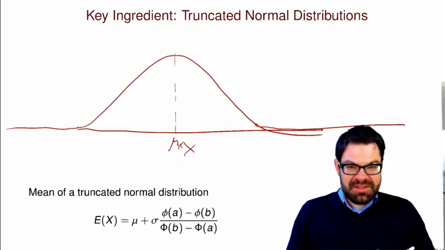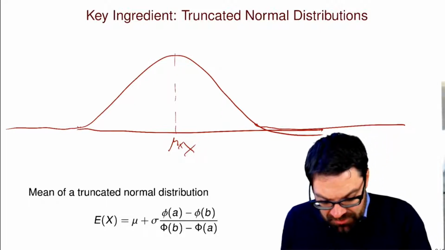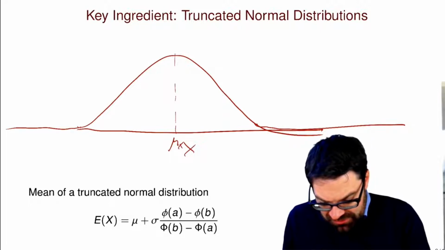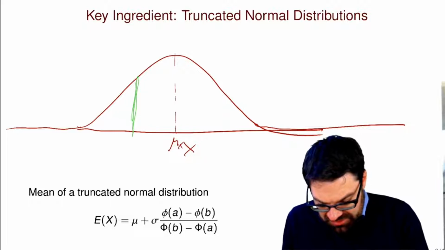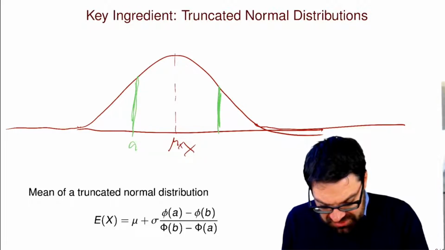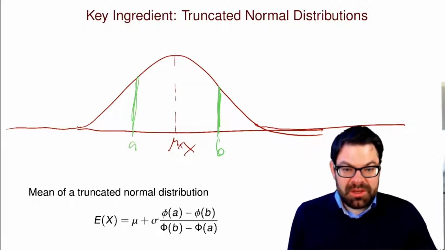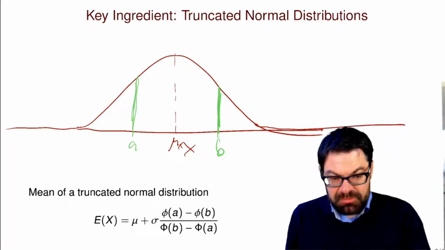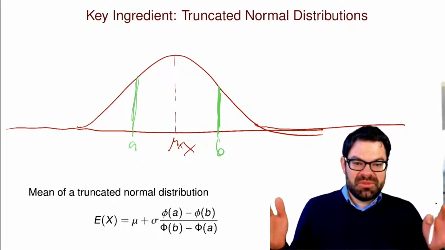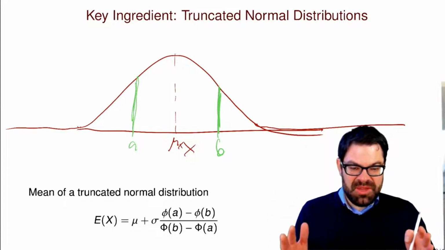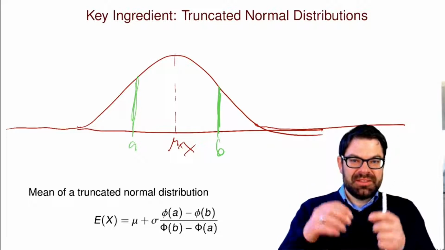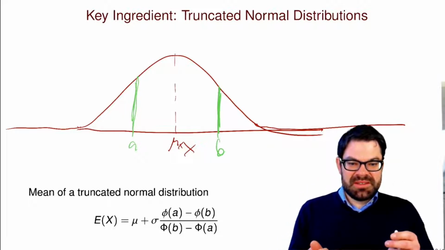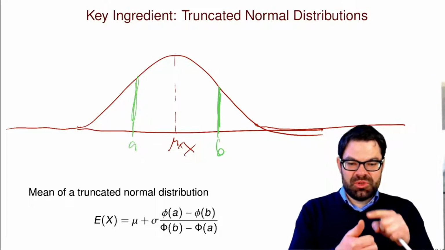Now, what is a truncated normal distribution? What we simply want is boundaries. So for example, let's call this A and let's call this B. And what we want to know is, what is the mean of X between A and B? The great thing about assuming a normal distribution is that we know from it what the mean is.